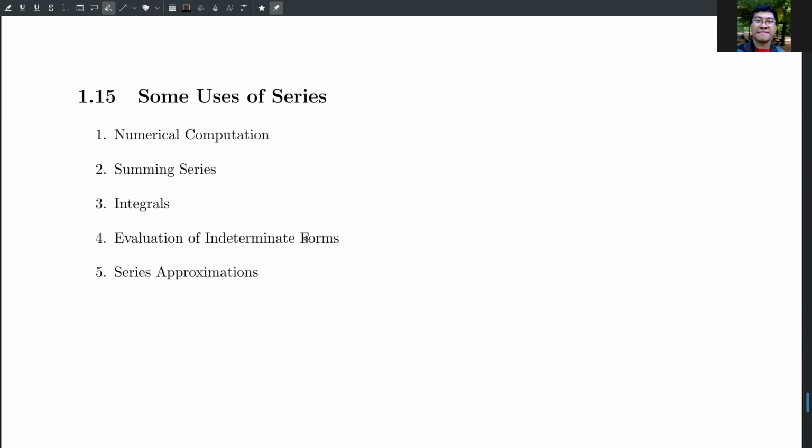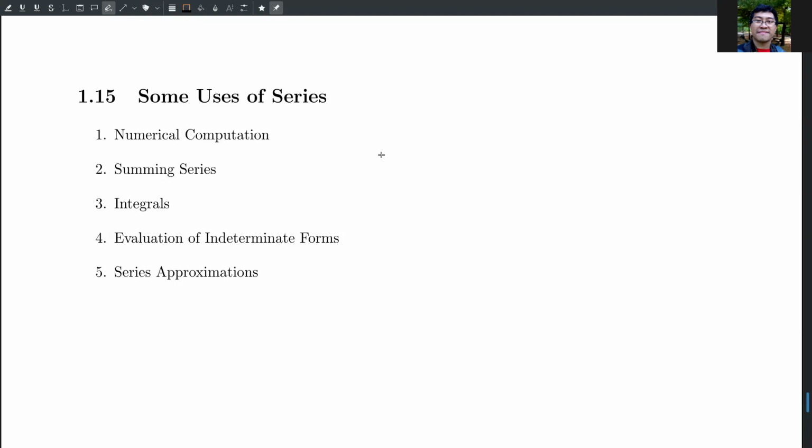Okay, series is very useful. We can use it for numerical computation. For example, if you want to find the value of a series and you know the tricks, you can easily find the numerical value even without using more advanced methods like a computer. You can also get the sum of the series, knowing all this knowledge on series.